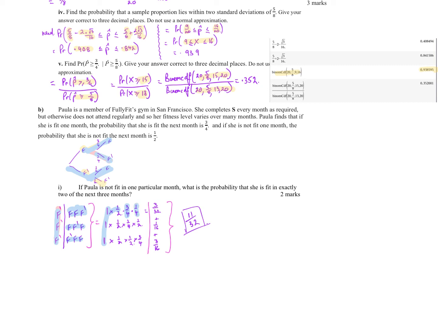So they're the different pathways that I take to go from not fit at the very start into fit, fit, not fit. And then I just do the same thing for the other paths to come up with the other scenarios. Don't forget, it is option 1 or option 2 or option 3. So we add each of those probabilities, all right, to end up with 11 on 32.